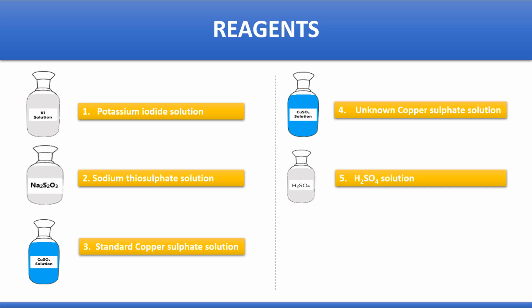To provide the acidic medium, we are using the H2SO4 solution, and as an indicator we are using starch. Starch is a type of adsorption indicator. So these are the chemicals or reagents required to perform this titration.